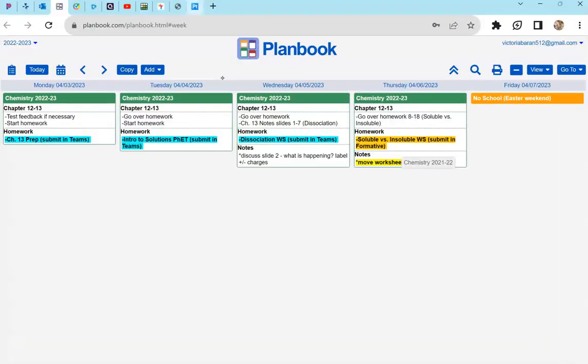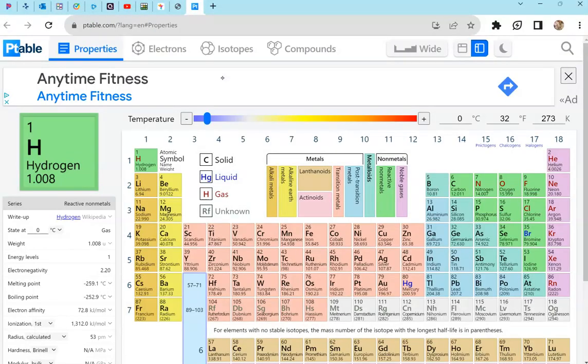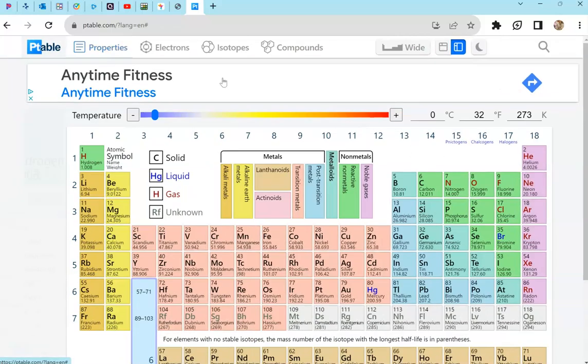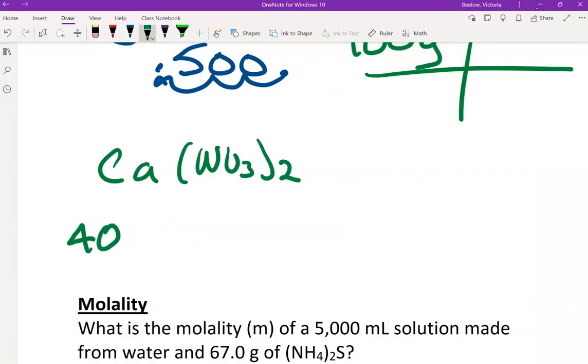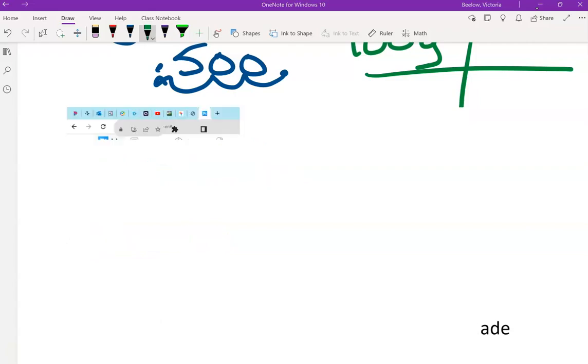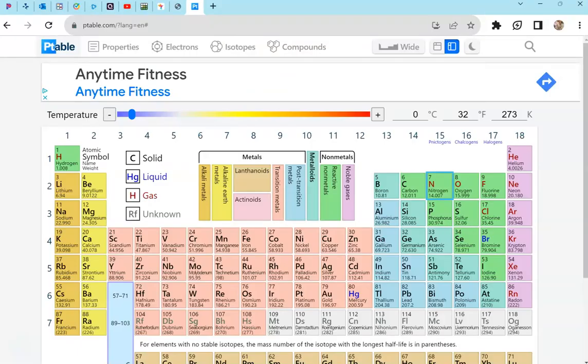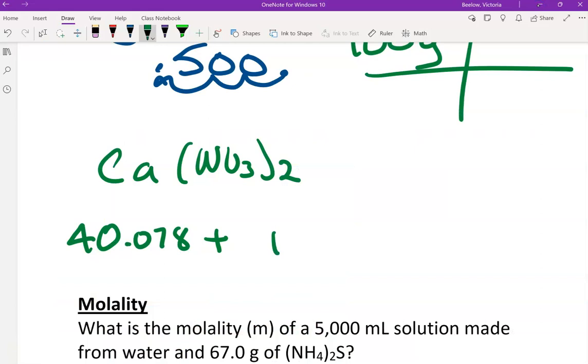So I have calcium. So calcium is 40.078. And there's only one of those. Plus nitrogen is 14.007. Now remember, this 2 gets distributed to everything inside of the parentheses.